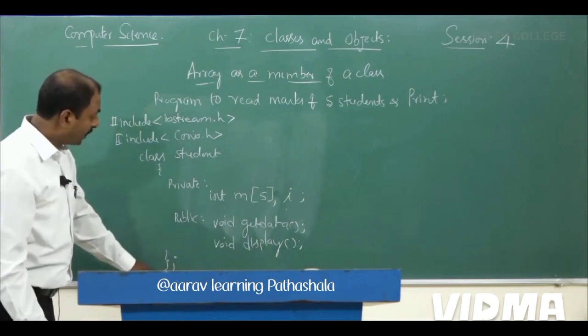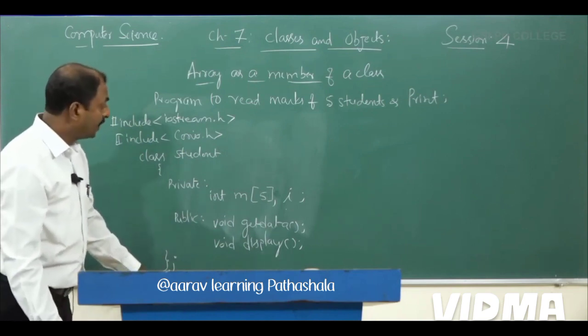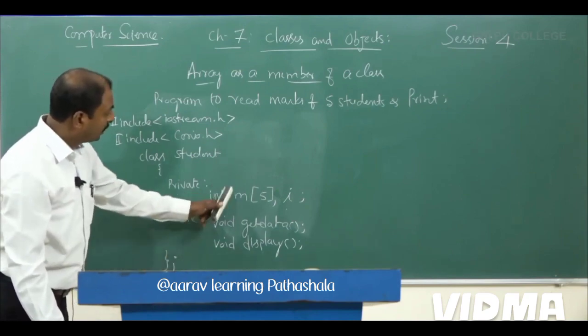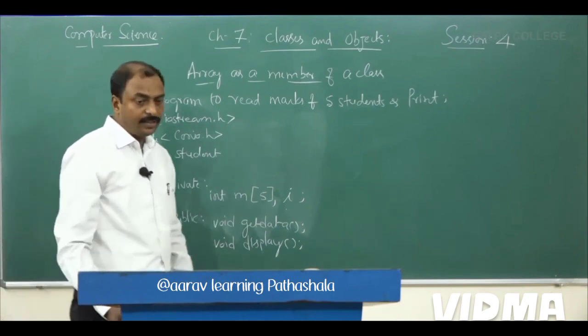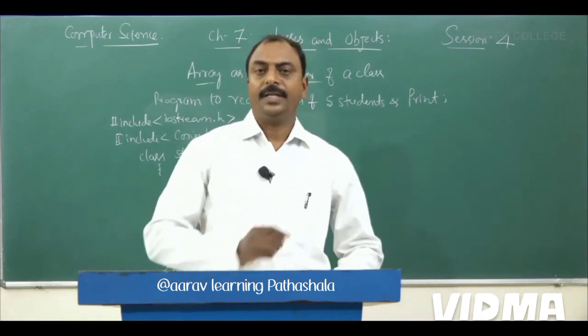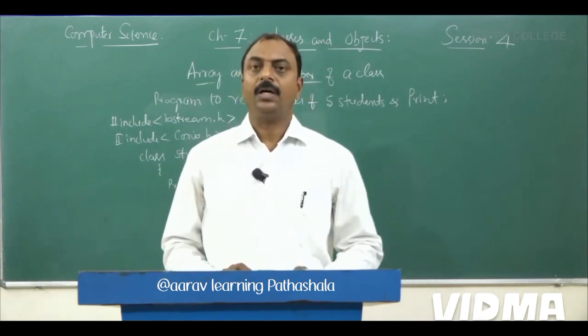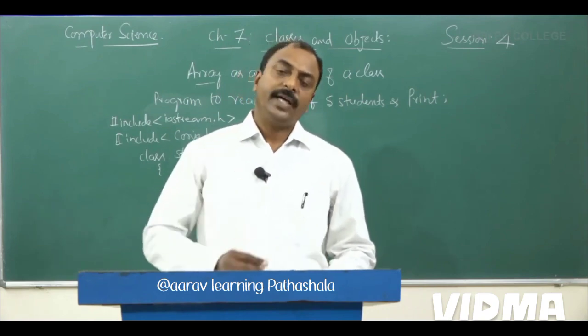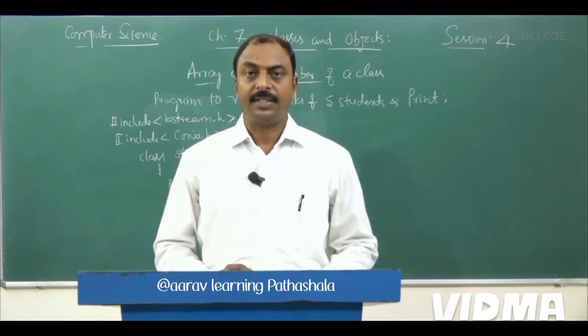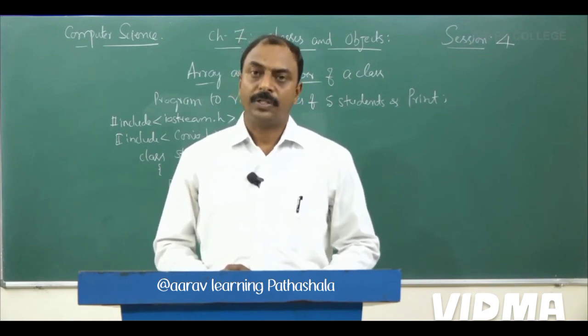Okay. Now after this, what is the next step? Now we have to start writing function definitions for these two functions. Students, you have learned in my last session how we access the data member or member function of a class, that is, with the help of the scope resolution operator.